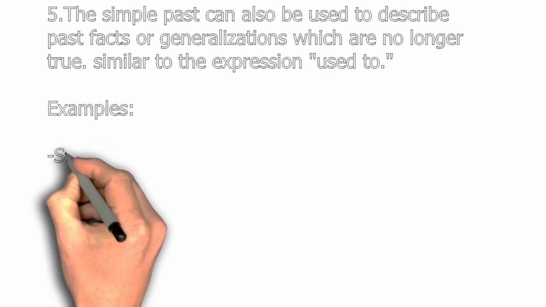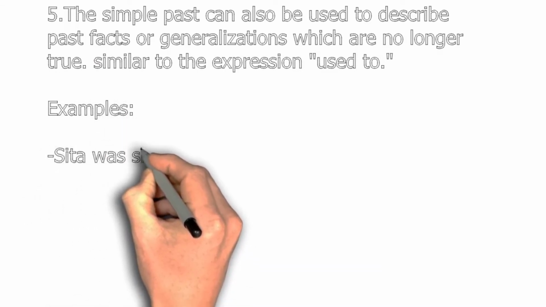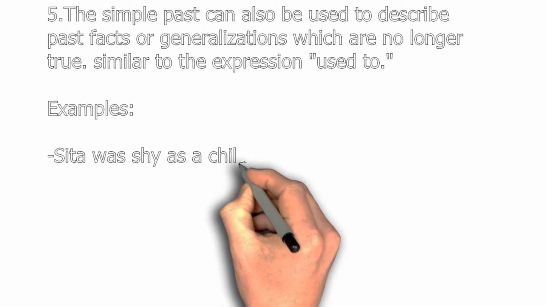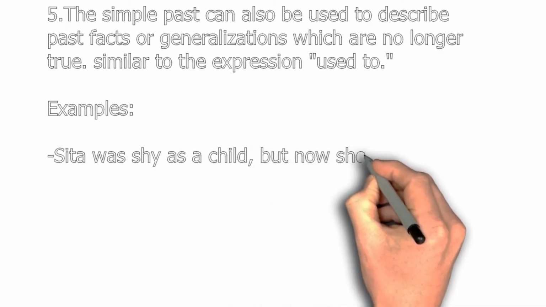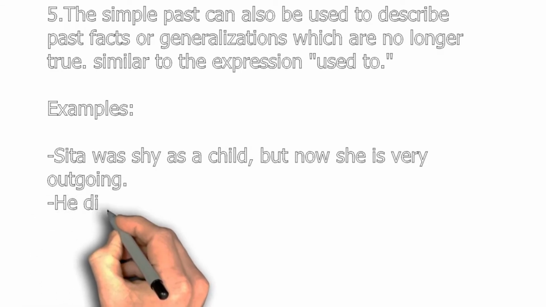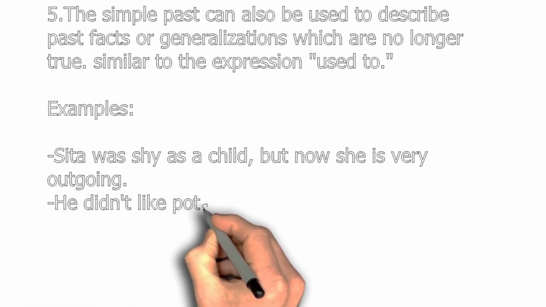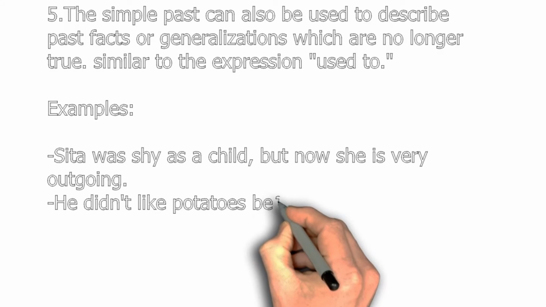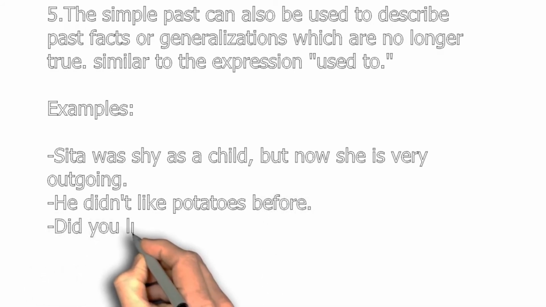For example, Sita was shy as a child, but now she is very outgoing. He didn't like potatoes before.